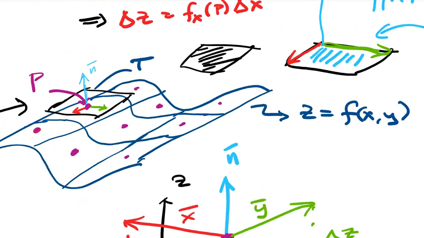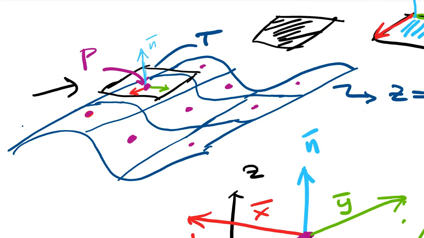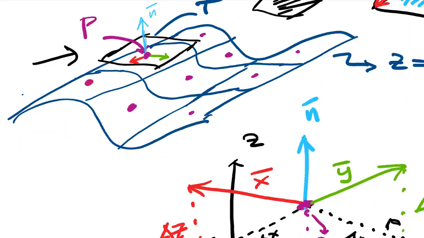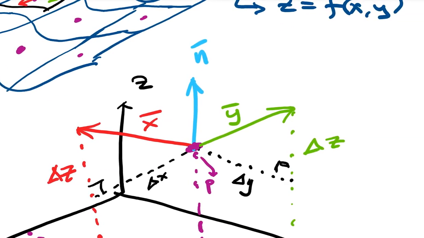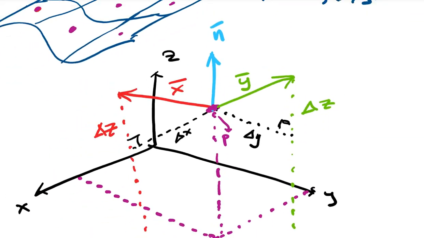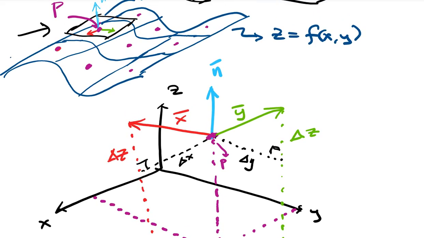So what I'm going to do is take this P and this tangent plane, and move them over. And just imagine that the tangent plane is here. Now, this tangent plane is going to be formed by these vectors. I don't really want to draw it too heavily, but I do kind of want to give you the idea.